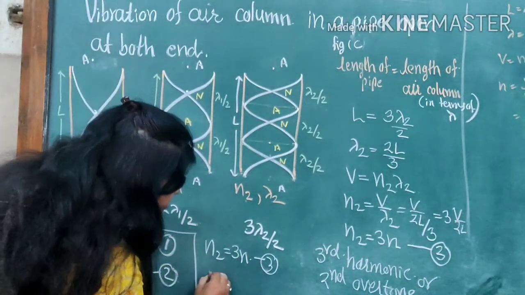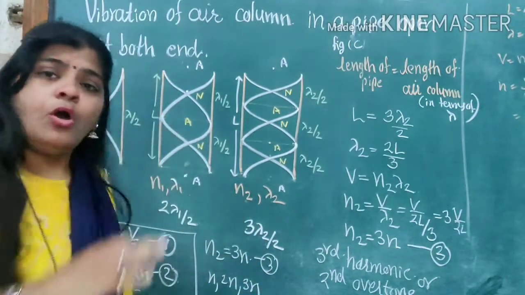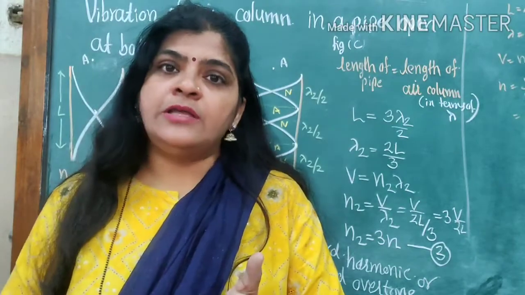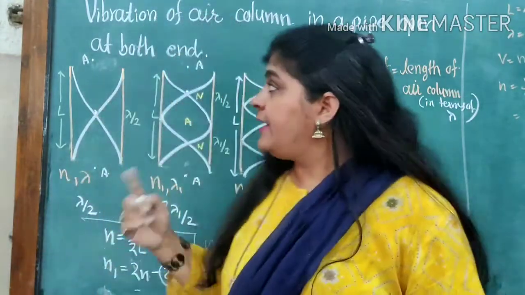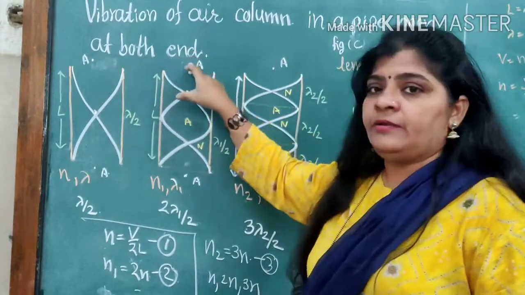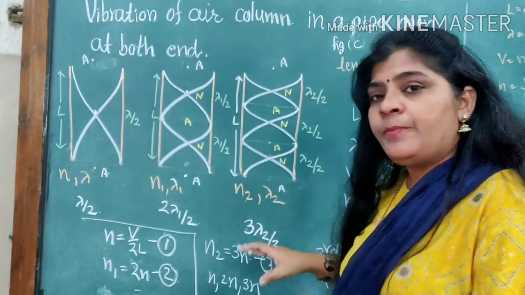We write in sequence n, 2n, 3n. Means all the harmonics are present, even and odd. All the harmonics are present in the case of a pipe which is open at both ends.